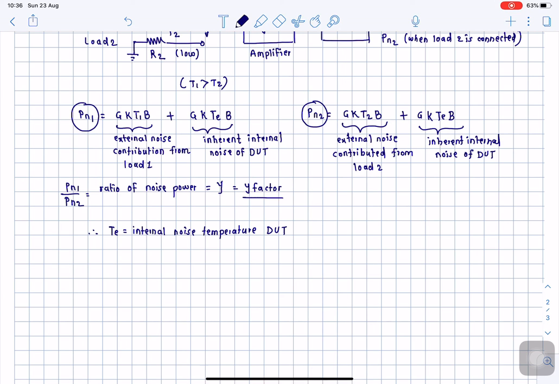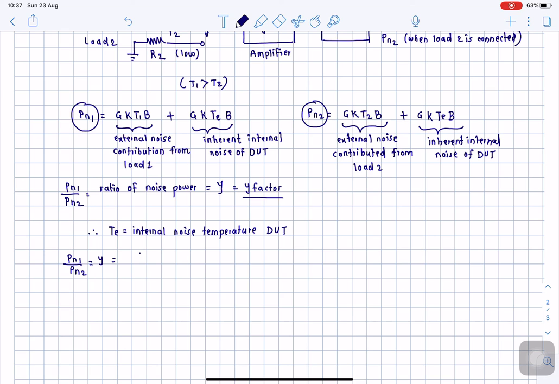These two powers can be written in terms of T1 and in terms of T2. So the noise temperatures T1 and T2 must have a certain relation. So Pn1 by Pn2 is equal to Y, we call it the Y factor.